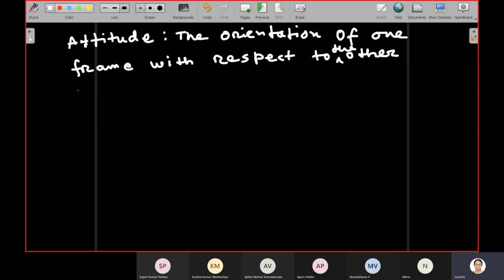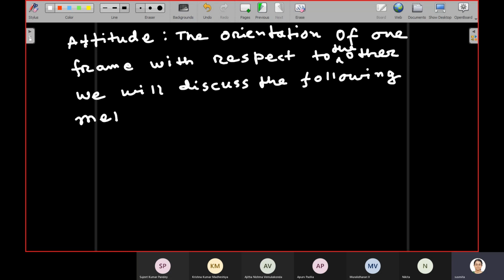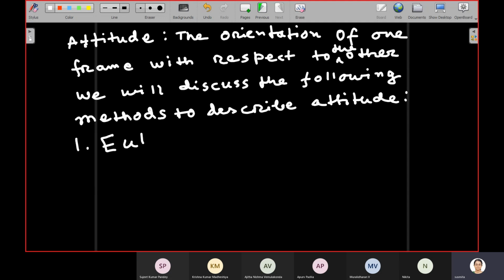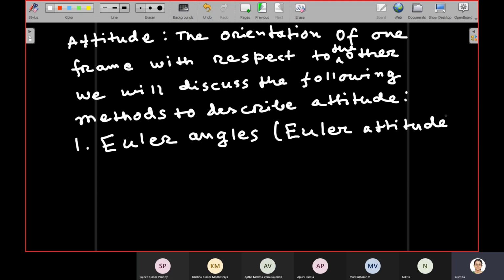They are Euler angles, this is also called Euler attitude. Then coordinate transformation matrix.